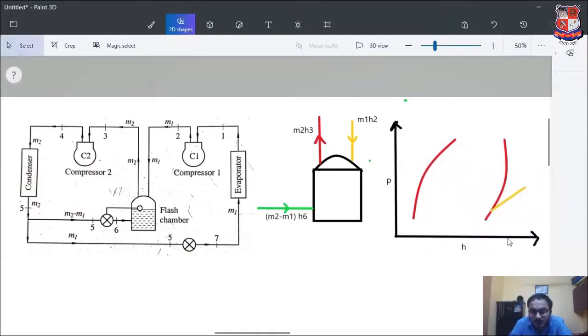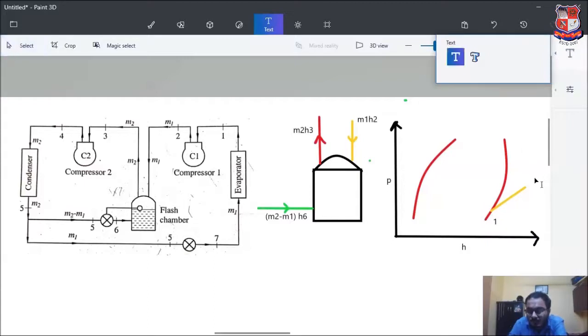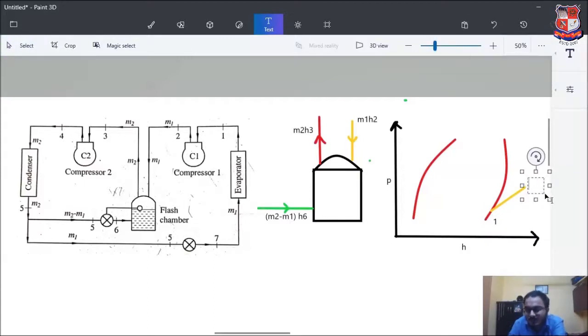One thing you need to remember is that from 1 to 2 only M1 mass is there. So let us denote this as point number 1, and the end of the first stage of compression will be point number 2.